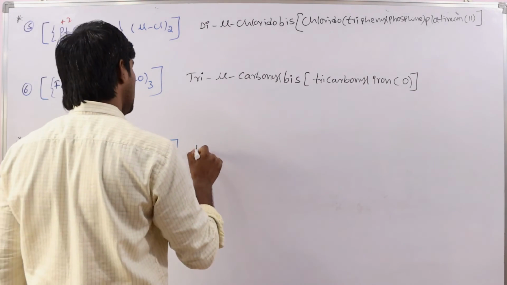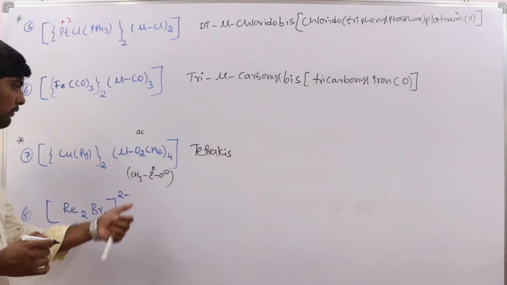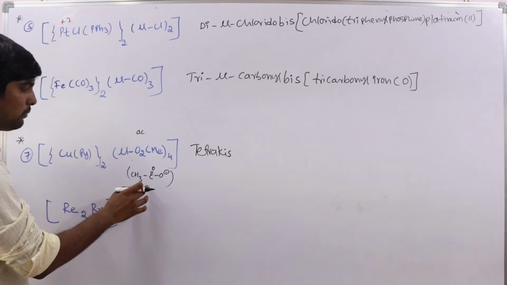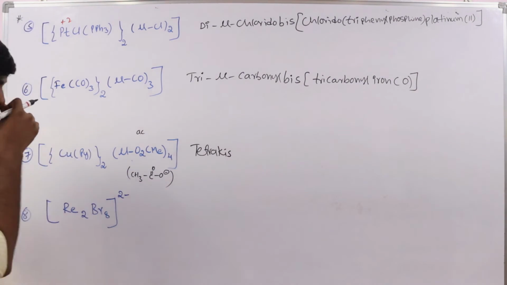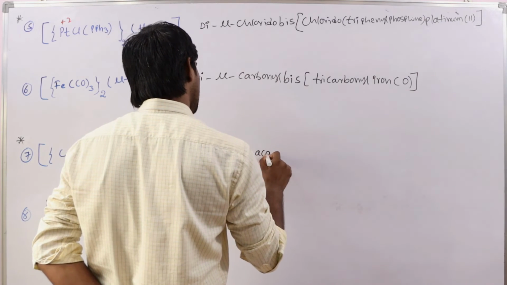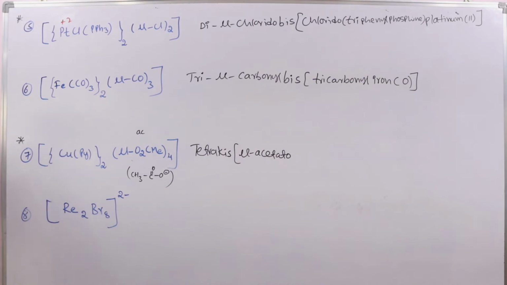So here we write tetrakis. We should not write tetra because this is a bulky ligand, so we write tetrakis, not tetra. So tetrakis mu acetato.